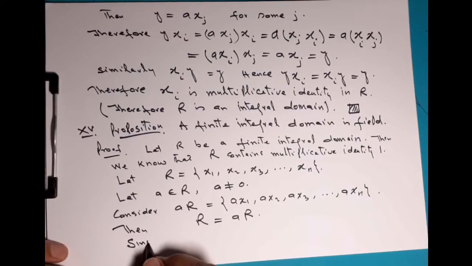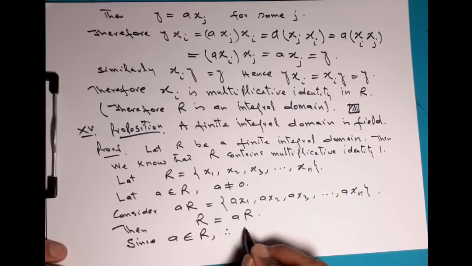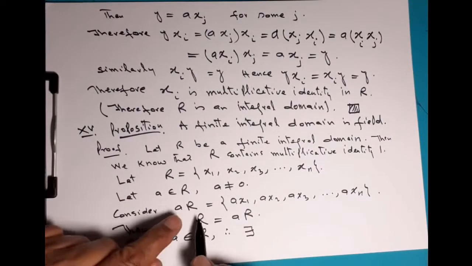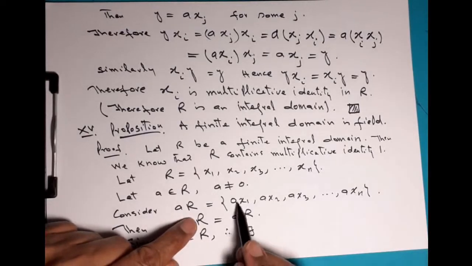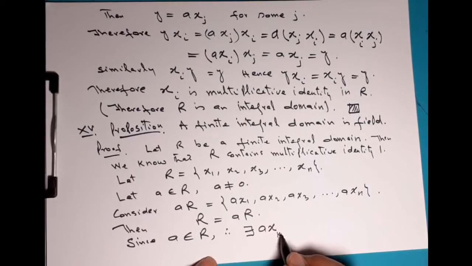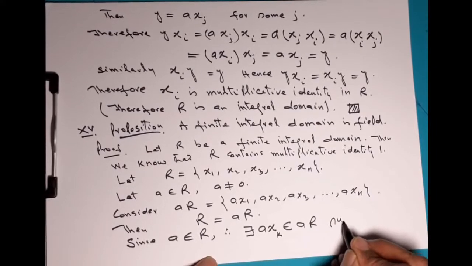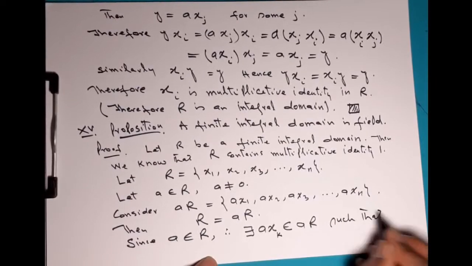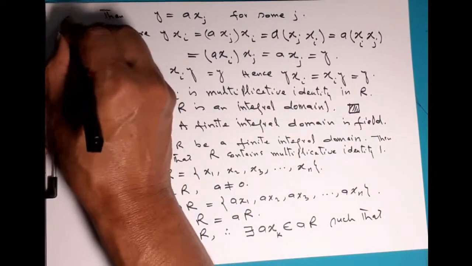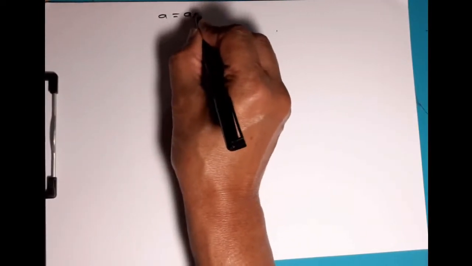Since a belongs to R, there must exist some element, let's say axk, belonging to aR such that a is equal to axk.